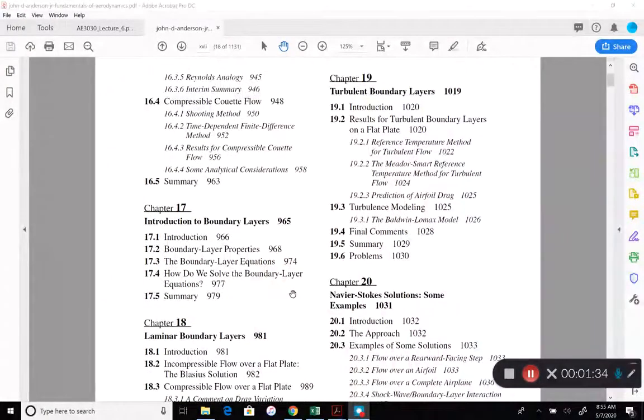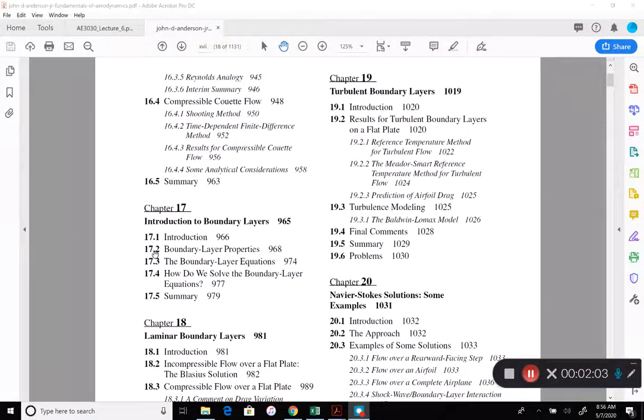Recently we've been talking about the boundary layer equations, how Prandtl simplified the Navier-Stokes equations to arrive at a simplified set of boundary layer equations. And we also talked about the boundary layer properties, such as displacement thickness, boundary layer thickness, momentum thickness, shape factor, shear stress, and skin friction coefficient.